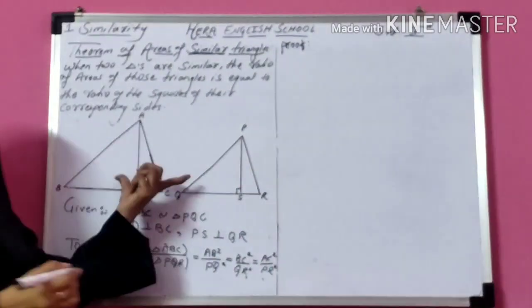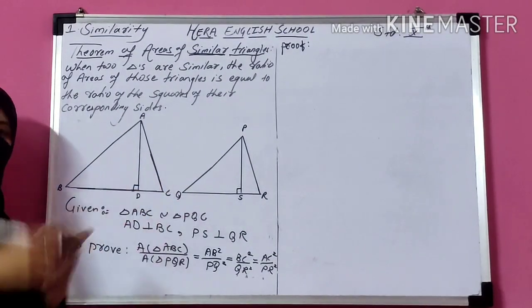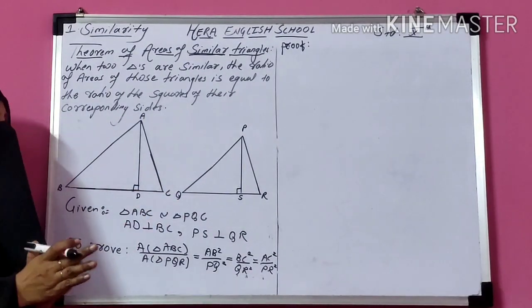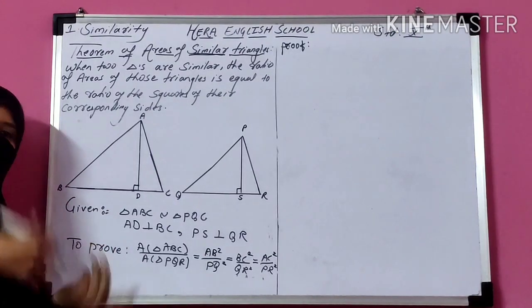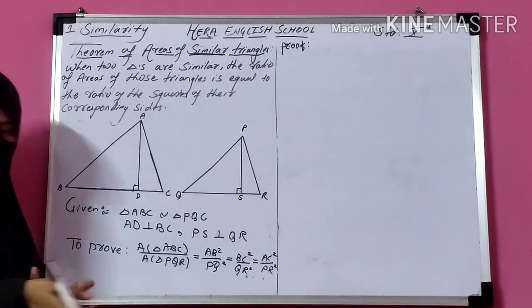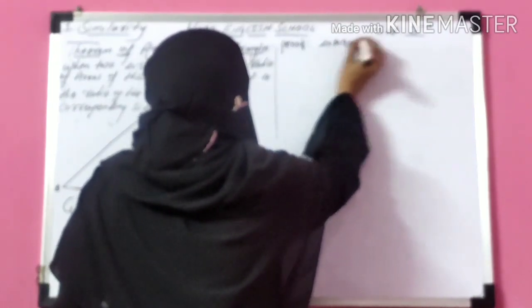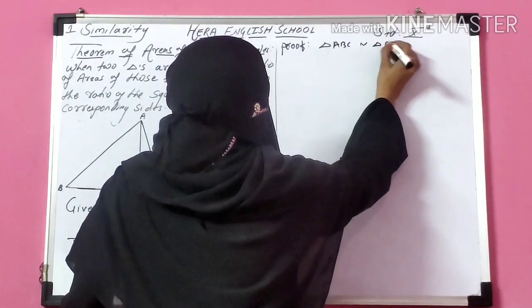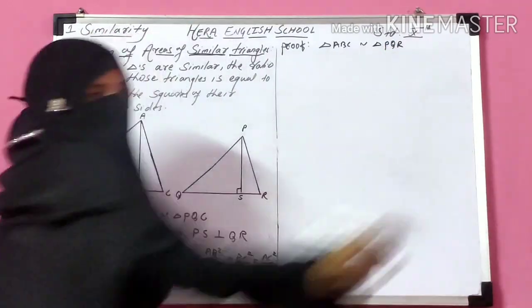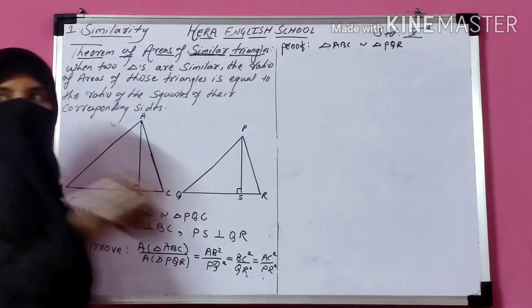First of all, the given is two triangles are similar. In exercise 1.3, we have discussed if two triangles are similar, then their corresponding sides are in proportion. So apply that property. Triangle ABC similar to triangle PQR. If triangles are similar, then corresponding sides are in proportion.